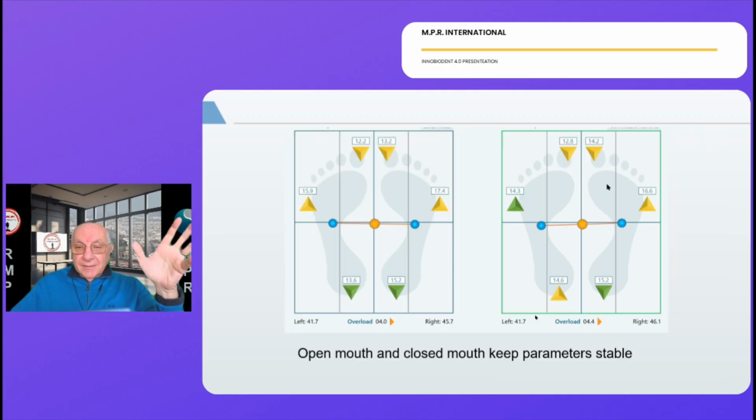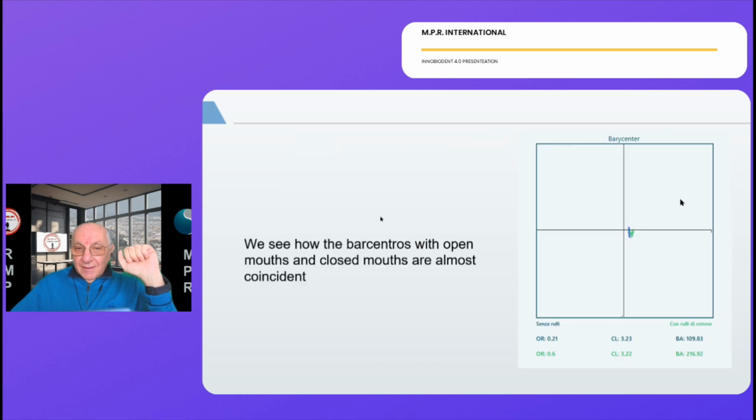We see here a patient, open mouth and closed mouth, the values of transversal are equal. That means the jaw is centered. It's not altering. It's a good central relation. If you analyze the barycenter, we see also this is the same. The green and blue is the barycenter.